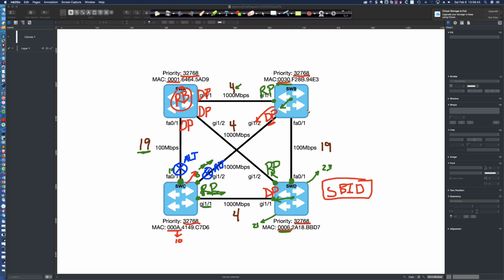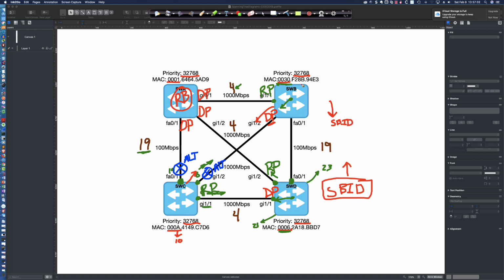So what happens now is the BPDU gets sent from switch, and they're sending these BPDUs every 2 seconds. So I'm just kind of walking through, okay, the BPDUs are being sent, and what value are we looking at? We're looking at the sender's bridge ID.